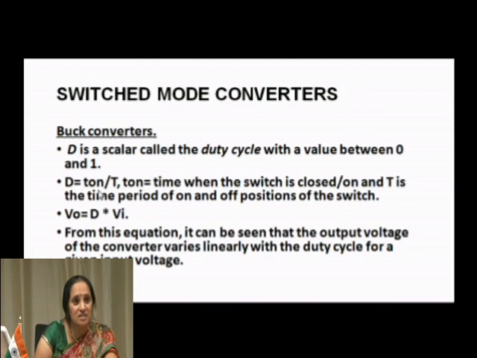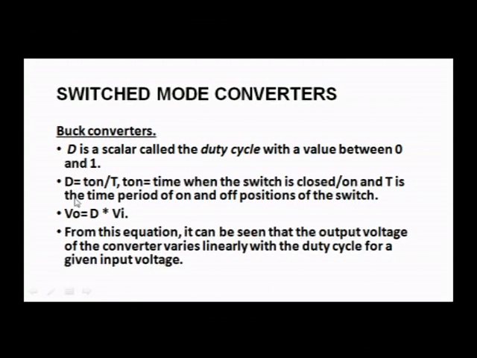So, now what is the equation which tells me the relation between the output voltage and input voltage? Already I have told you about the duty cycle. It is a scalar and its value ranges between 0 and 1, and the duty cycle is always the ratio of T on divided by T. T on means the time when the switch is closed, when the BJT or MOSFET is conducting, and T means the total time period, the on and off positions of the switch.